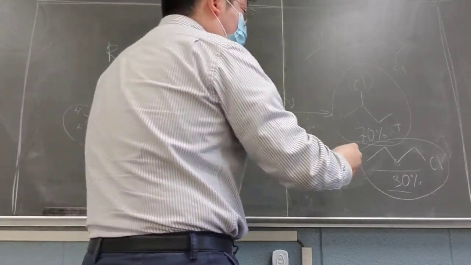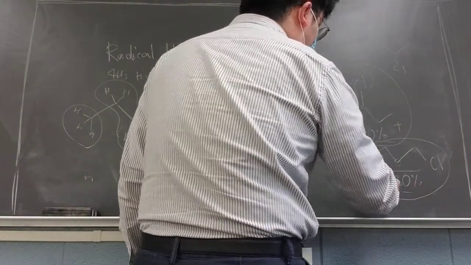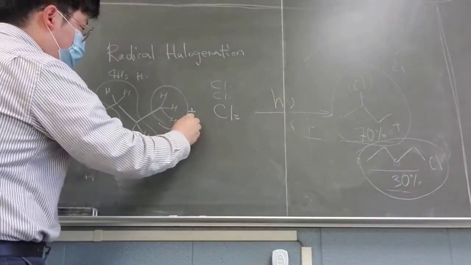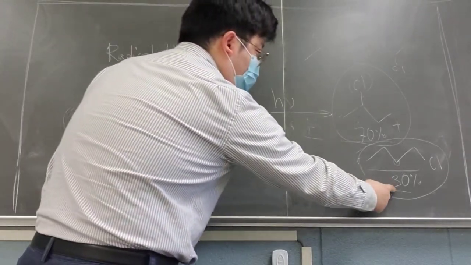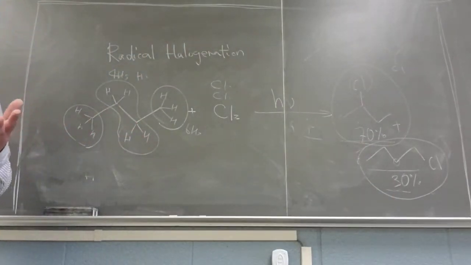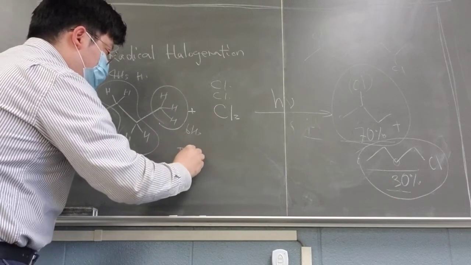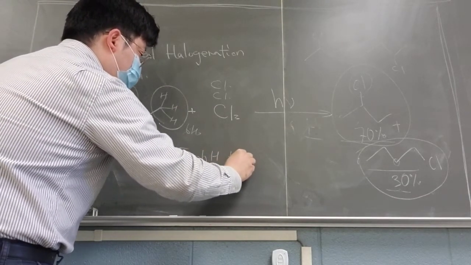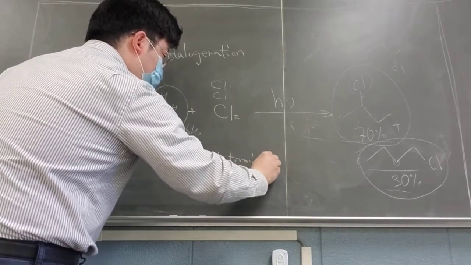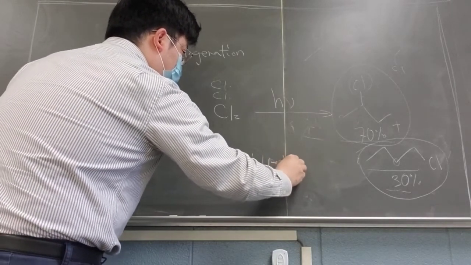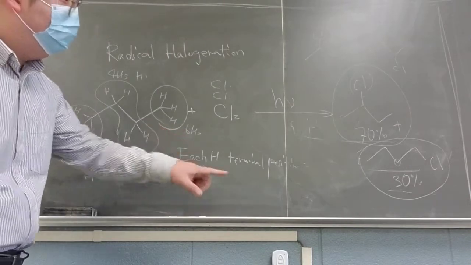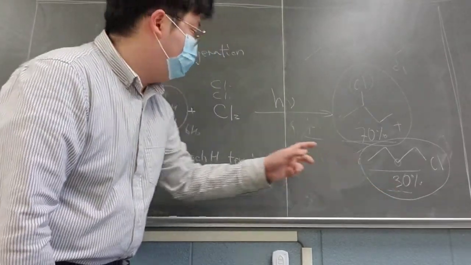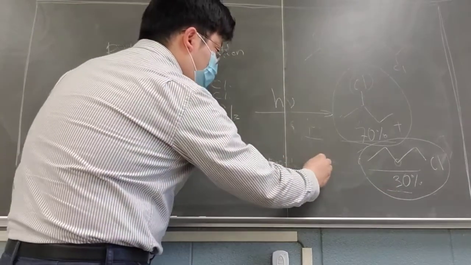So technically you have 6 hydrogens on the terminal position, and it's 30%. So for each hydrogen at the terminal position, it is even lower. So 30% of product divided by 6 is what? 5%.